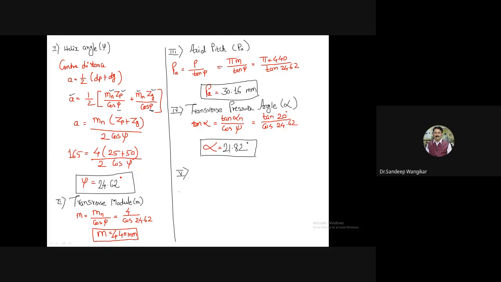Number 5, pitch circle diameter for pinion and gear. I will say PCD of pinion and gear.